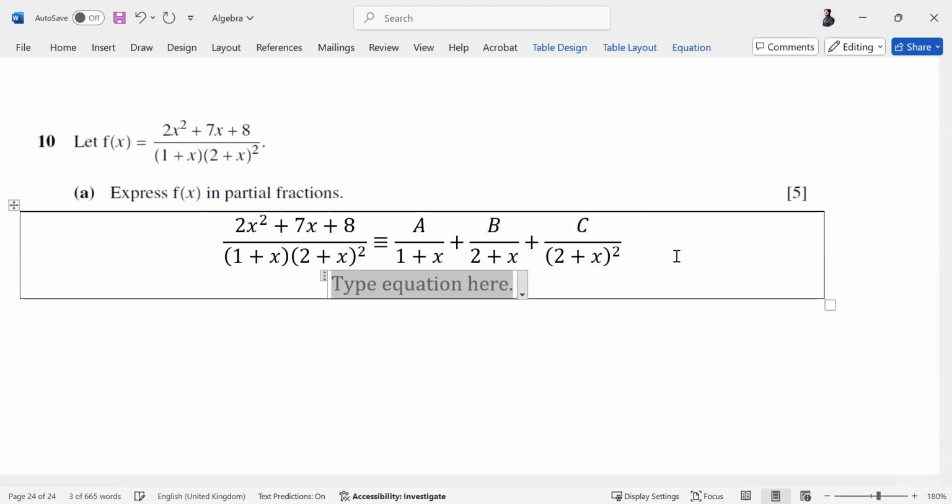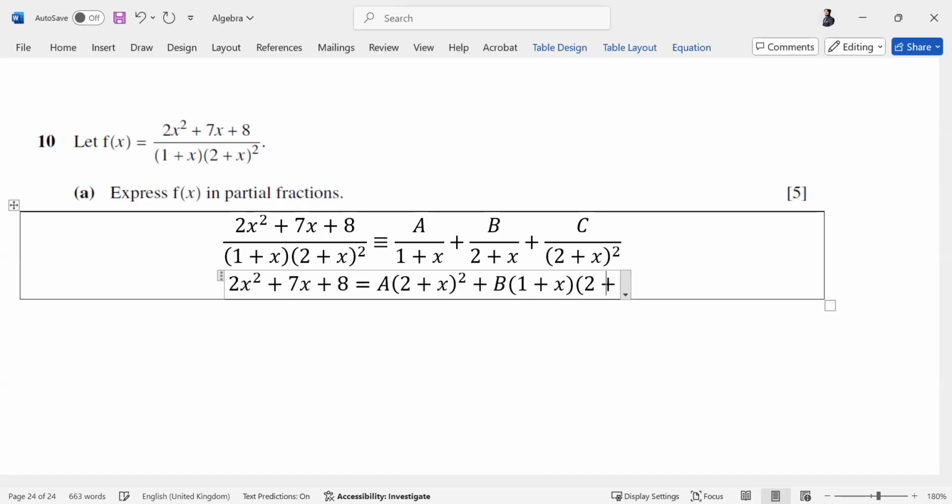Then we take the denominator on the left hand side, multiply it with the right side, and we get a multiplied by 2 plus x whole squared, b multiplied by 1 plus x, and then 2 plus x, and then c multiplied by 1 plus x.